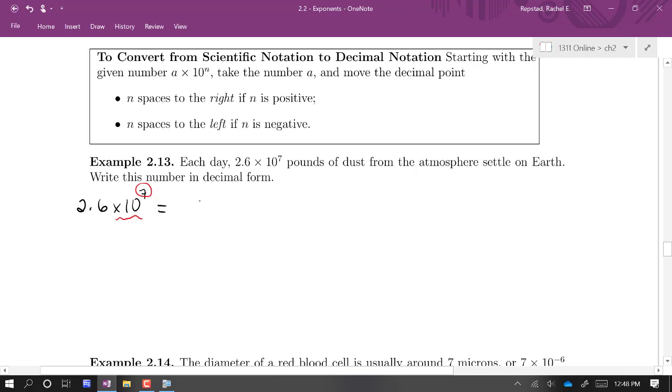So, let's see. 1, 2, 3, 4, 5, 6, 7. And then in all these empty spaces, I gotta put zeros. So 2.6 times 10 to the 7th is 26 million.